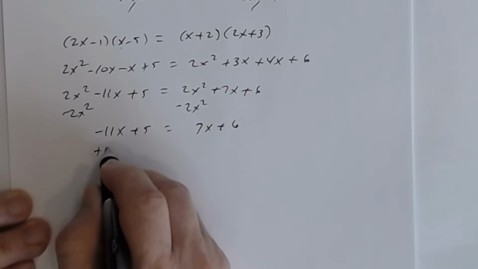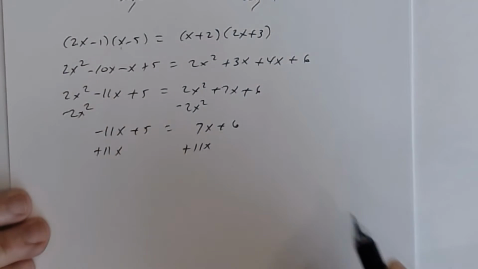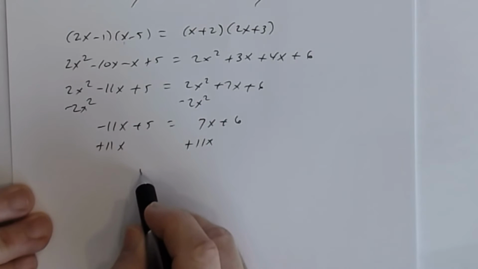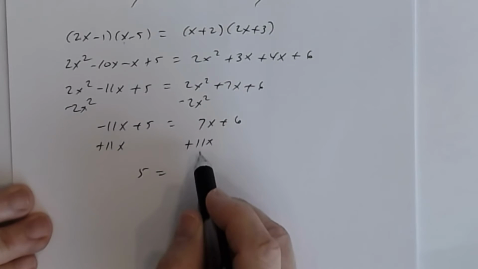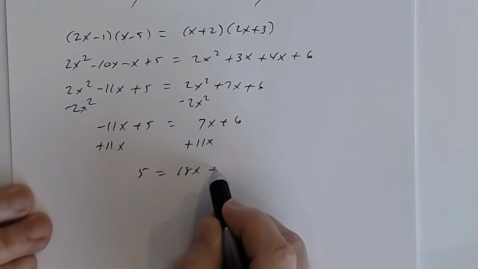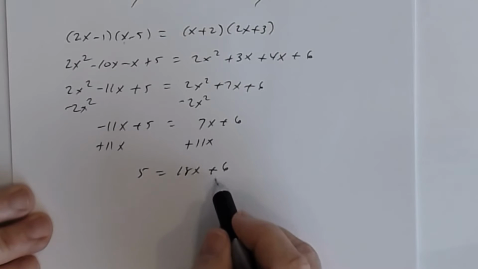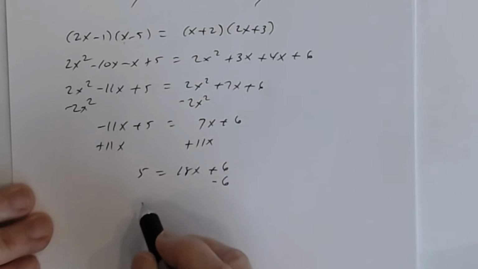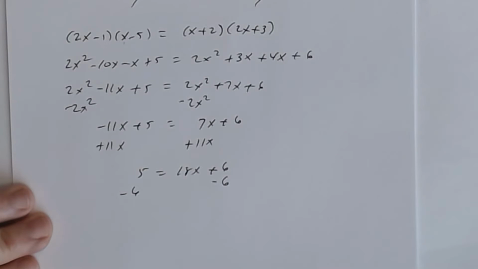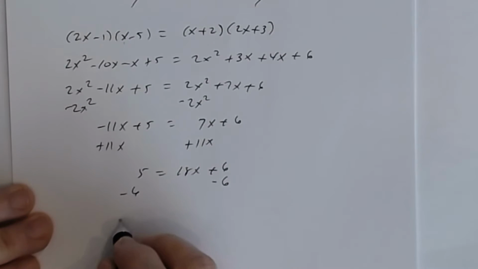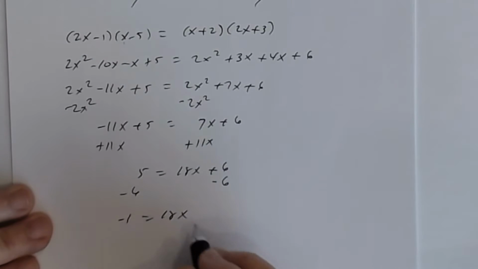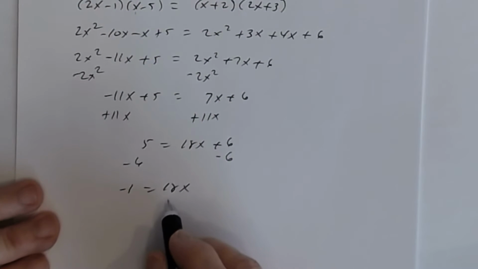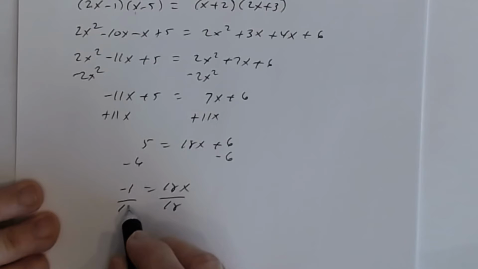I'm going to add 11x to both sides, and I get 5 equals 7x plus 11x is 18x, plus 6. Subtract 6 from both sides, I get negative 1 equals 18x. Then divide both sides by 18, and I get x equals negative 1 over 18.